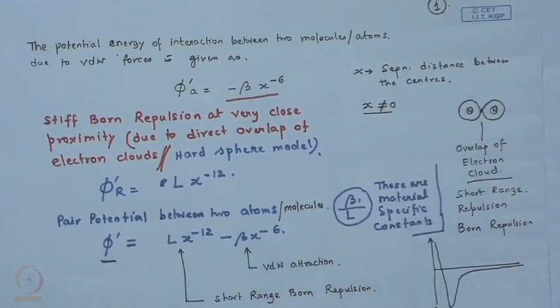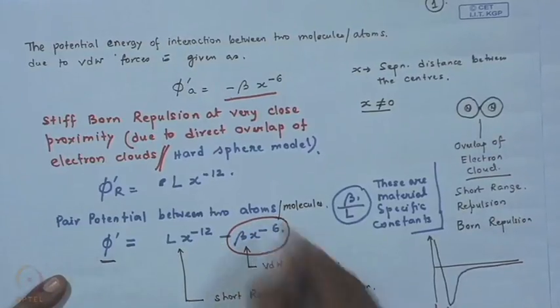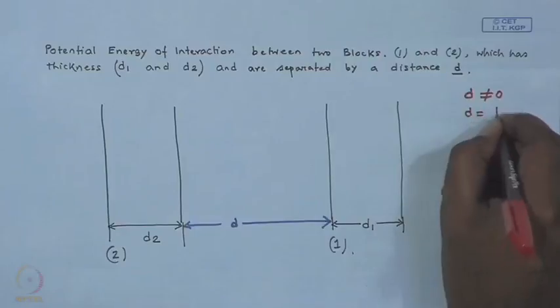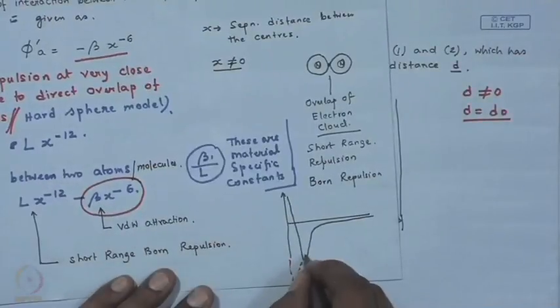So, we will be considering this with the fact that the nearest these two blocks can come is when they come in contact, but in that case we will assume that d is not going to be equal to 0, but it will be some d0, which corresponds to this point.